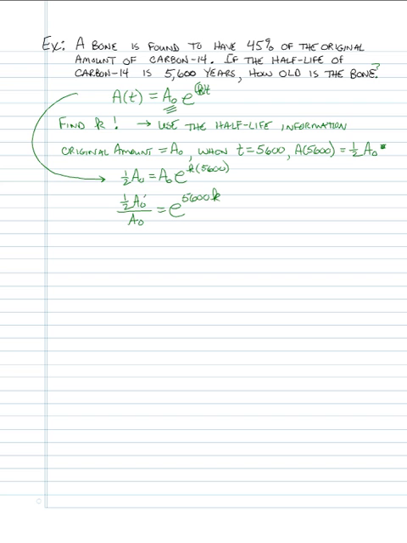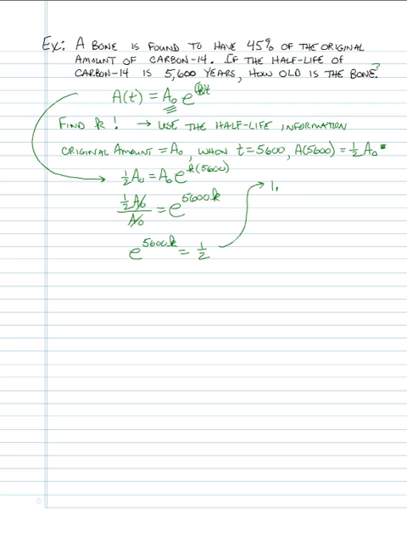And of course, on the left side, we're left with just 1/2, aren't we, when we cancel. So we have e to the power 5,600k is equal to 1/2. I want some space below, so I'm going to come over here to finish this out.